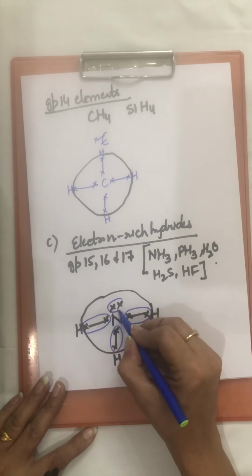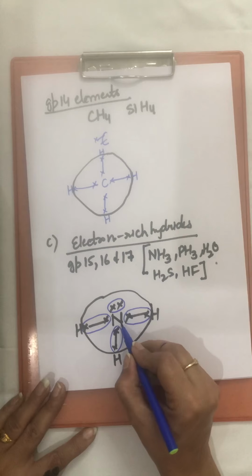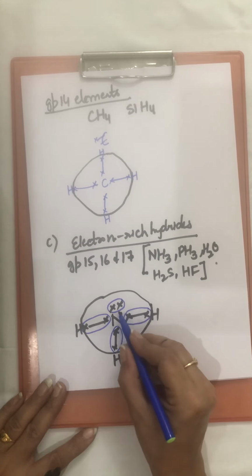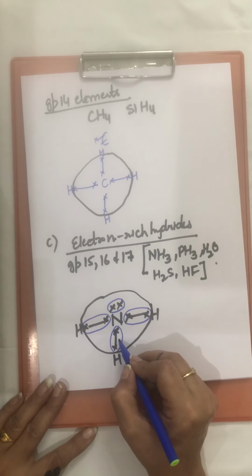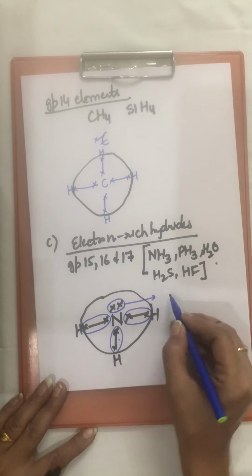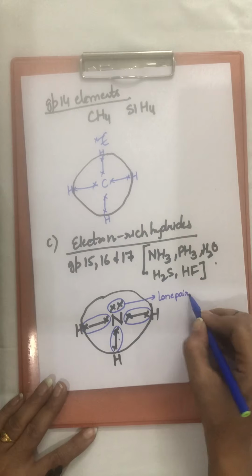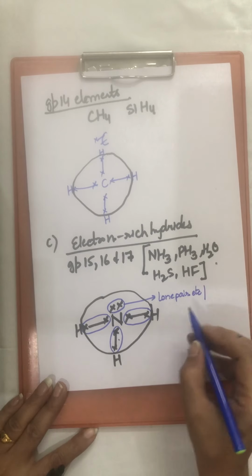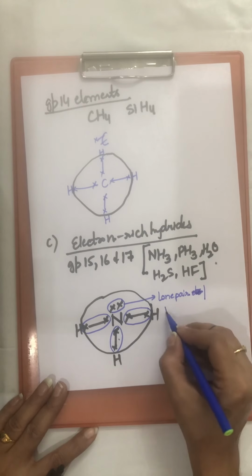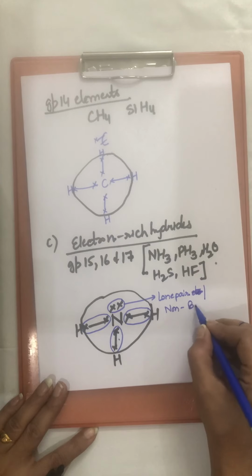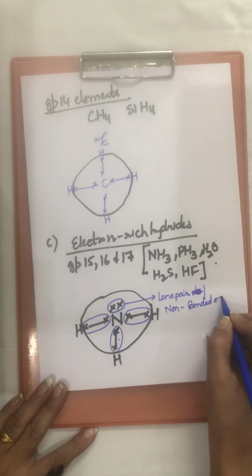But these 2 electrons of the last shell of nitrogen, which are not involved in the bonding, are extra electrons called lone pair electrons, or also called non-bonded electrons.